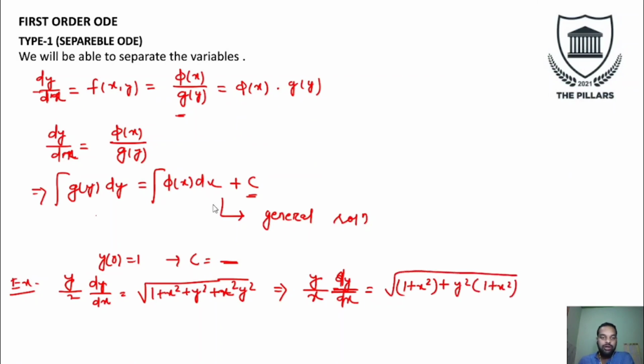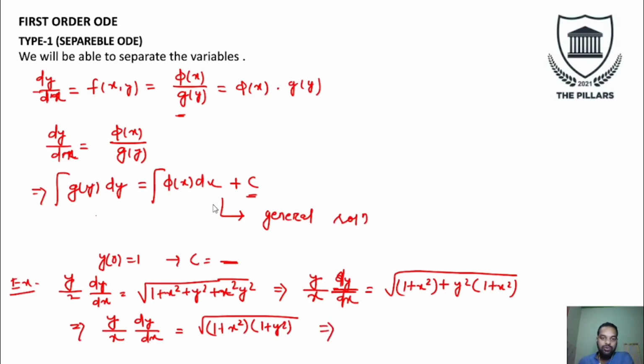So this again can be written as (y/x) dy/dx is equal to under root of (1 plus x square)(1 plus y square).